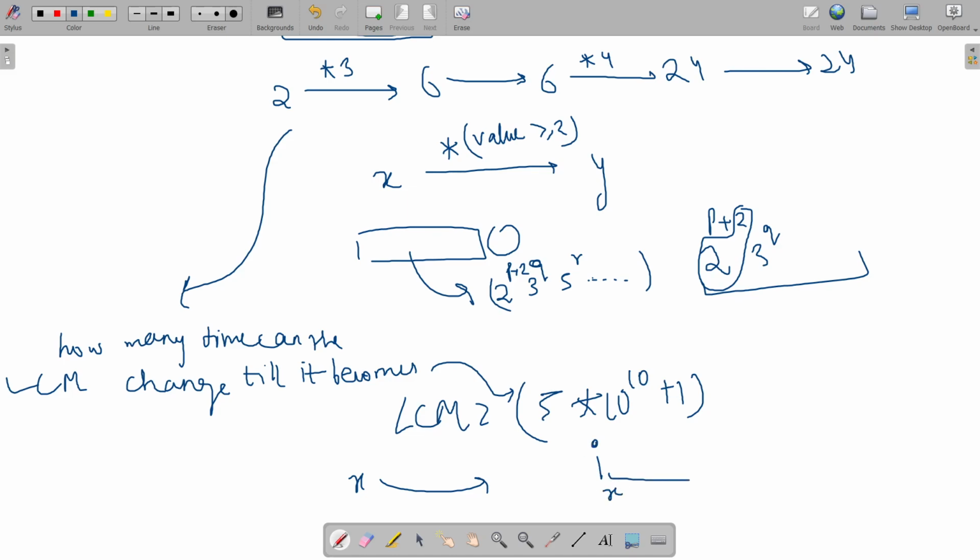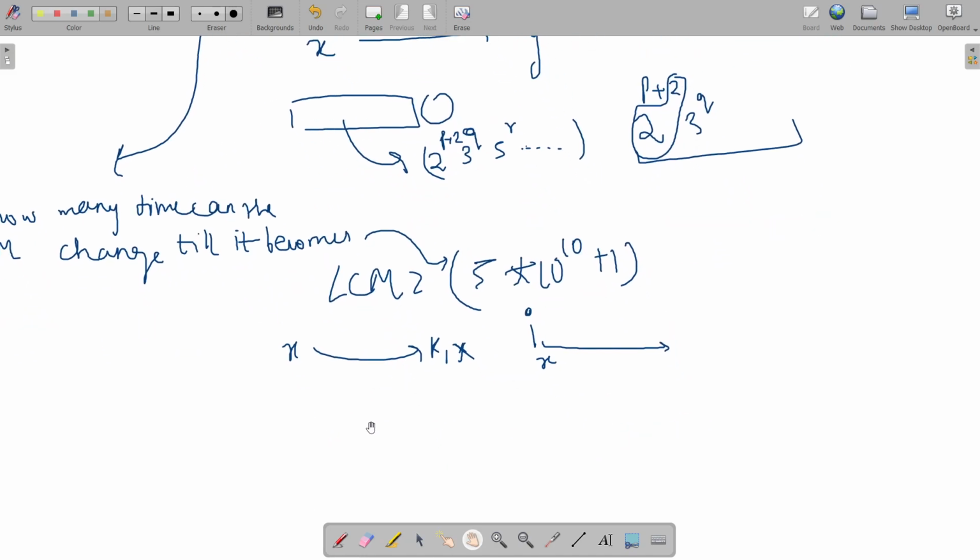Then suppose the LCM increases as you expand the segment, to some k1 into x. Then the next time it increases, originally it was k1 into x, now it increases by a factor of k2, so it becomes k2 into k1 into x, and so on.